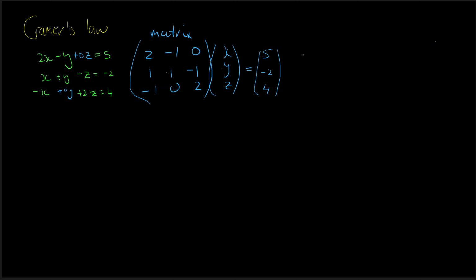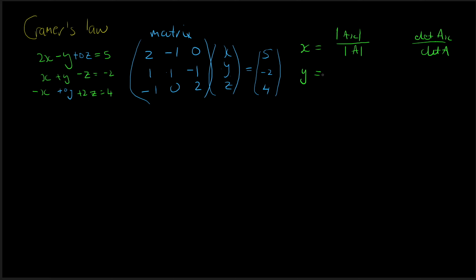So remember, the equation for x is going to be the determinant of Ax. Remember, we can use the straight lines to show determinant as well, divided by the determinant of A. So remember the previous video, we said determinant of Ax divided by the determinant of A. This is the same thing, we're just writing it differently.